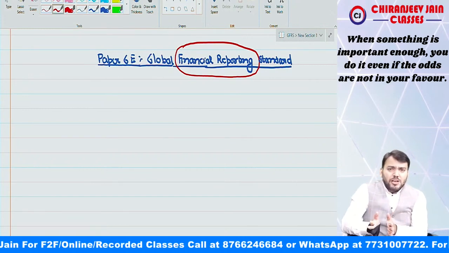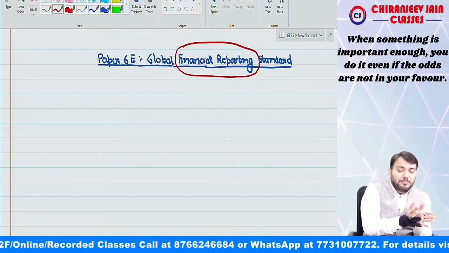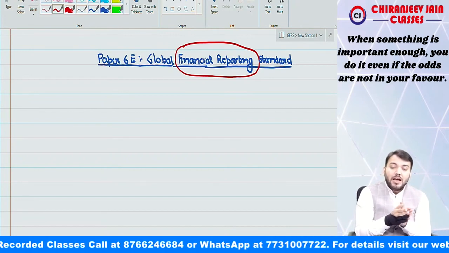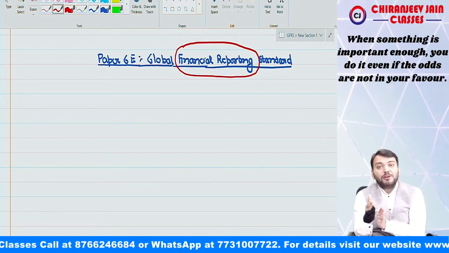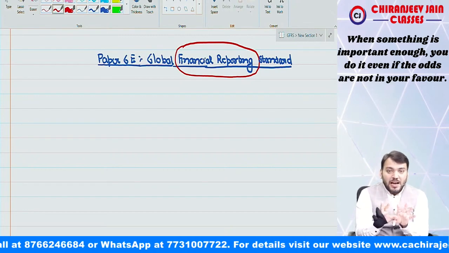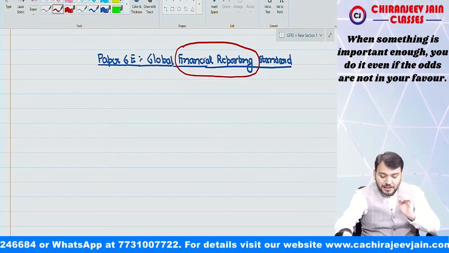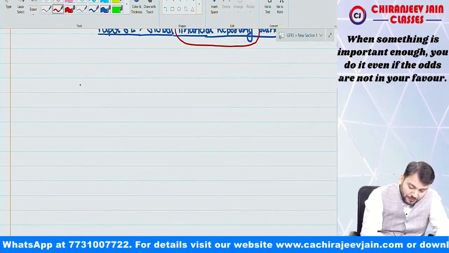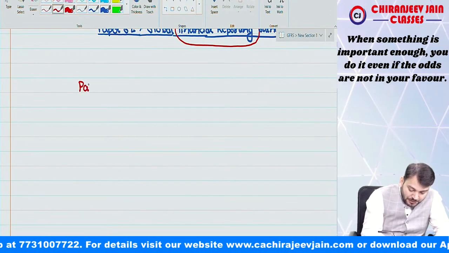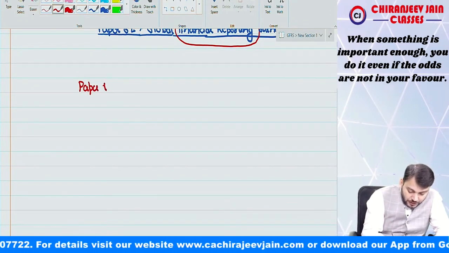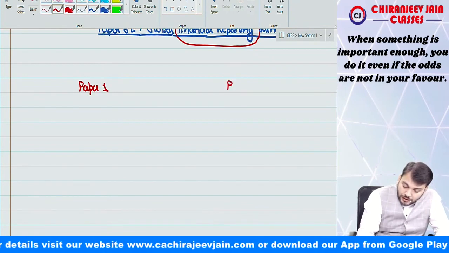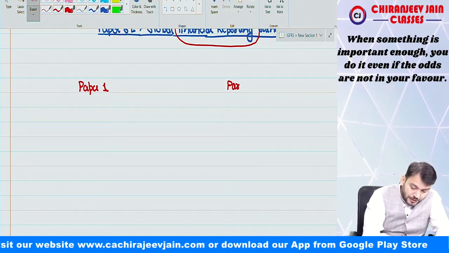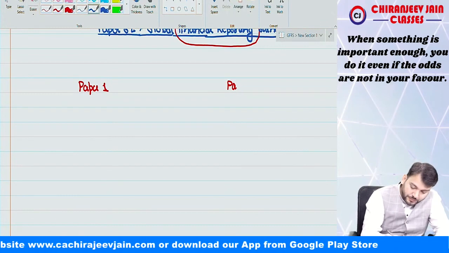So what actually the financial reporting paper consists of and what we will actually be doing in this paper, first I need to explain that. When we say paper 1, everyone just try to understand: paper 1 compared with paper 6C.